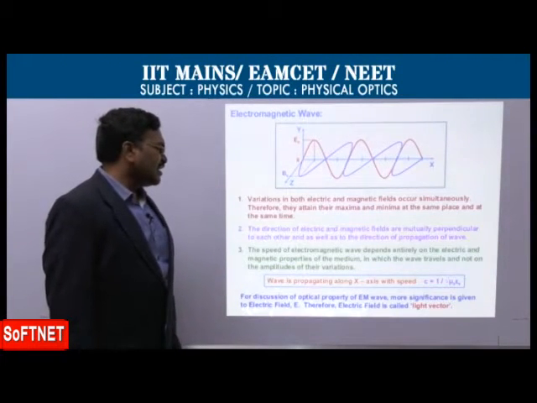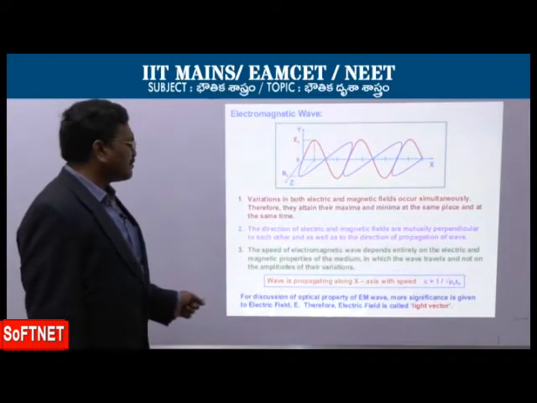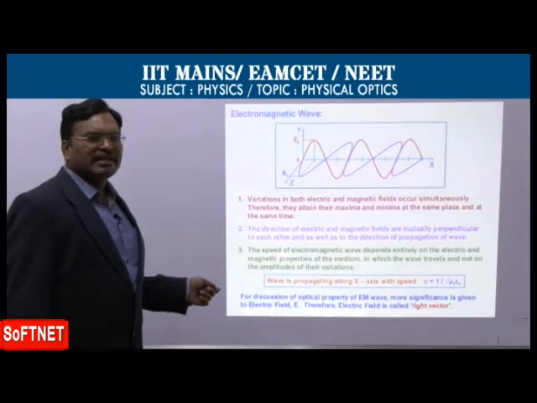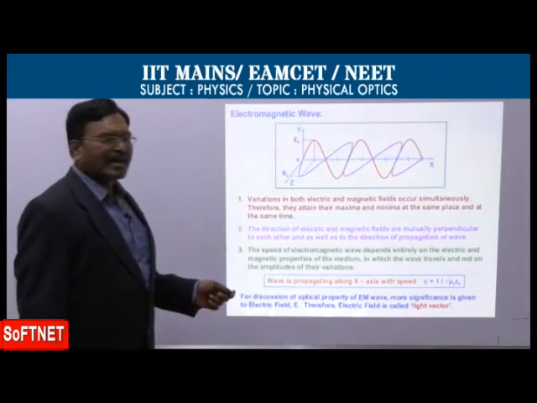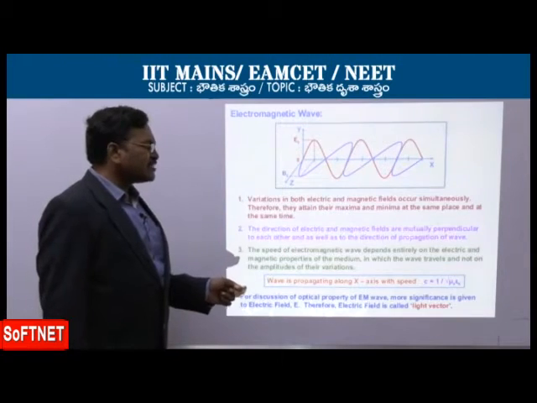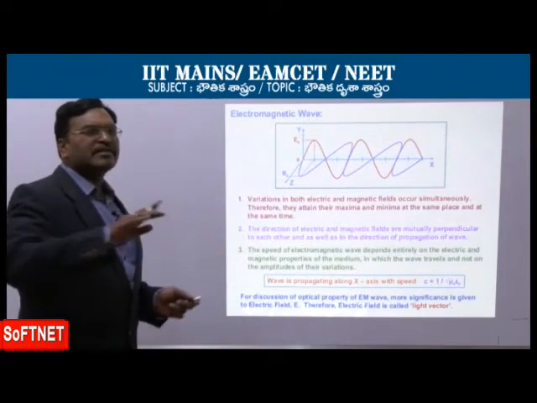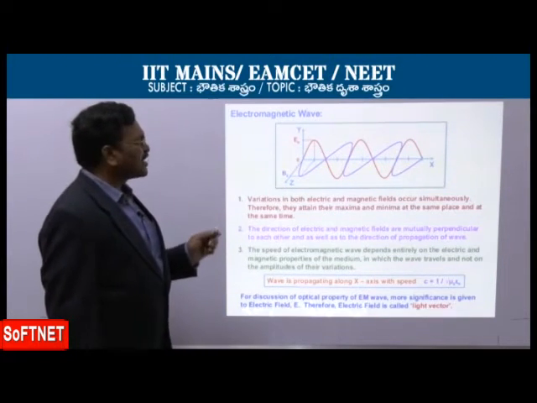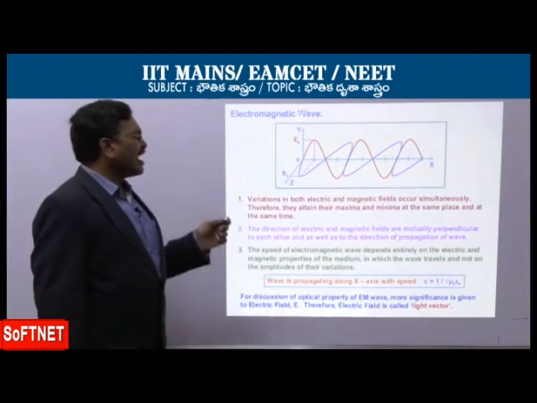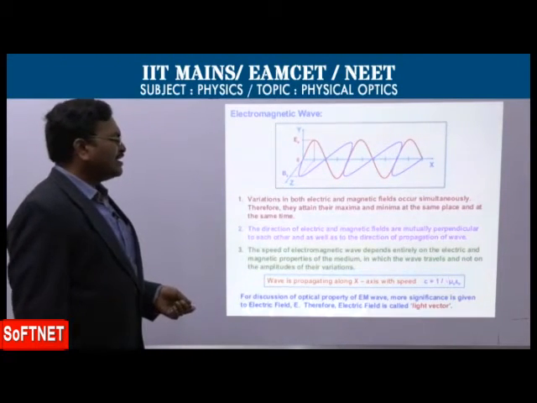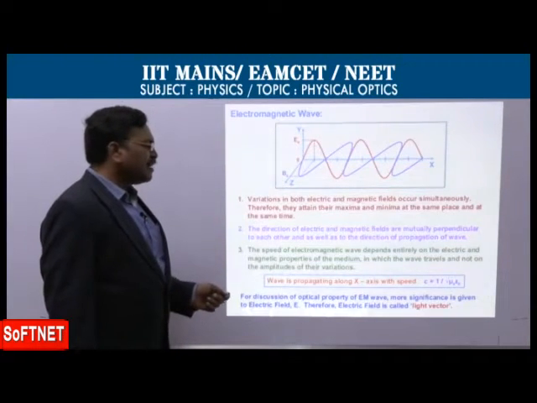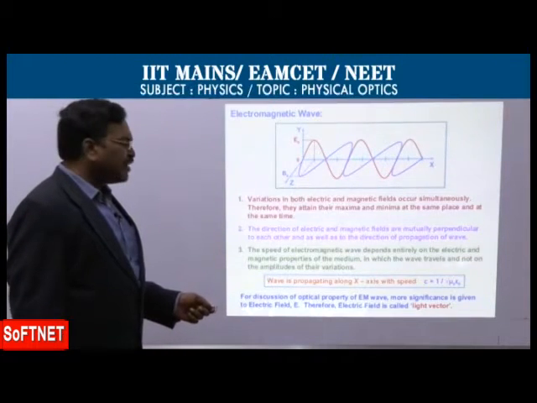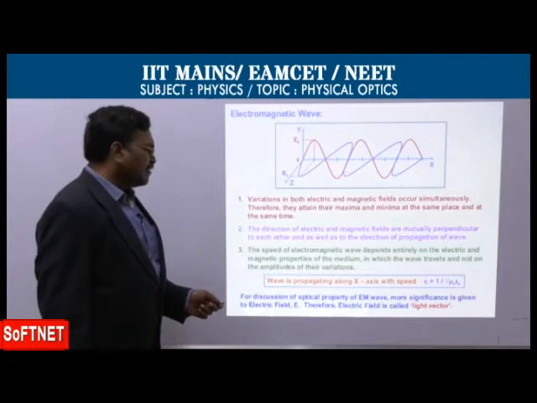The directions of the electric and magnetic fields are mutually perpendicular to each other, as well as to the direction of propagation of the wave. The x axis is perpendicular to the y axis and to the z axis, and the y and z axes are also perpendicular. The speed of the electromagnetic wave depends entirely on the electric and magnetic properties of the medium in which the wave travels, and not on the amplitude of their variations.